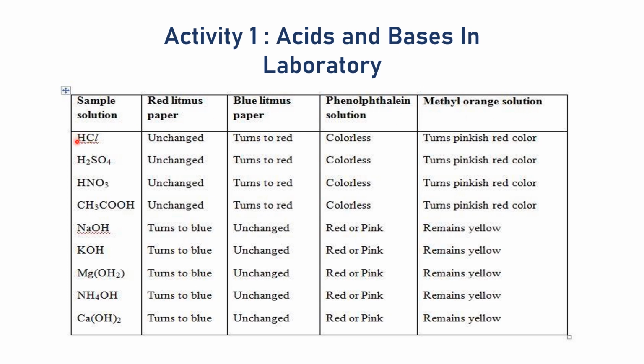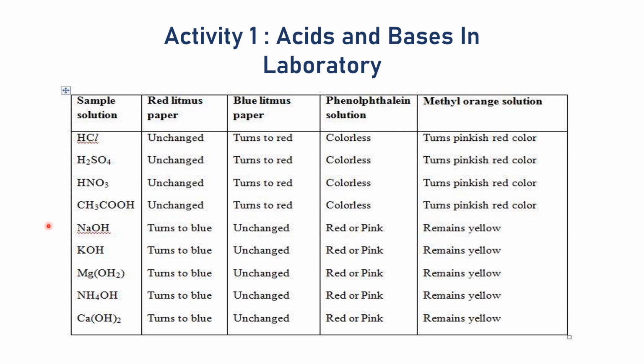And these chemicals: HCl is an acid, a strong acid. H2SO4, sulfuric acid, very strong acid. HNO3, nitric acid, strong acid. Then CH3COOH is acetic acid, and the common name is vinegar.